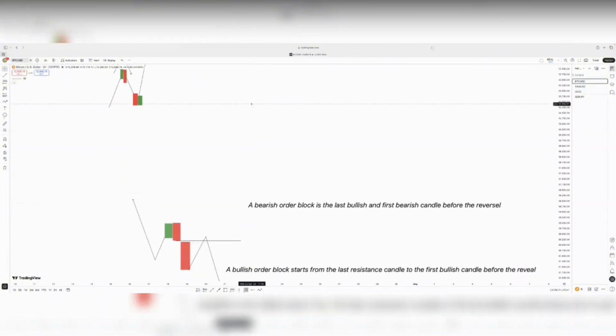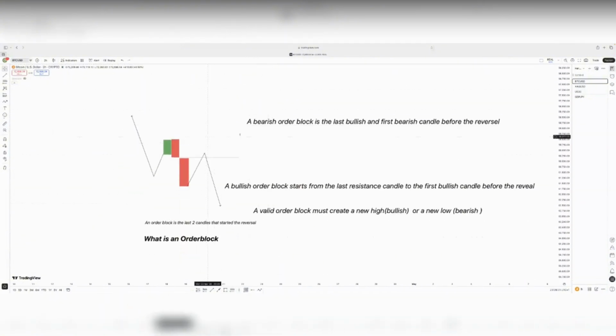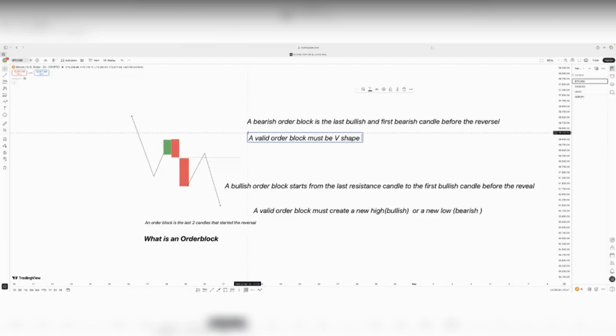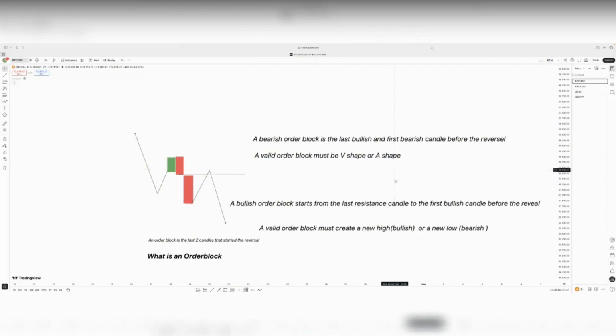Add it to your notes. A valid order block must be V shape or A shape, meaning that curve.